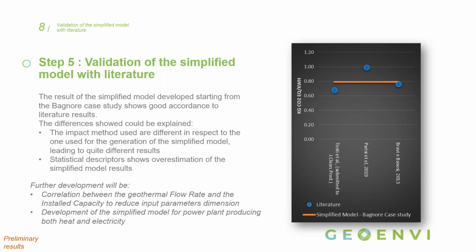In this way, it's possible to reduce the input parameter dimension needed for the simplified model, and also to avoid the overestimation of the results. Also, one important task is the development of the simplified model for heat generation and for combined heat and electricity generation power plants, because it's very important for this kind of energy source.